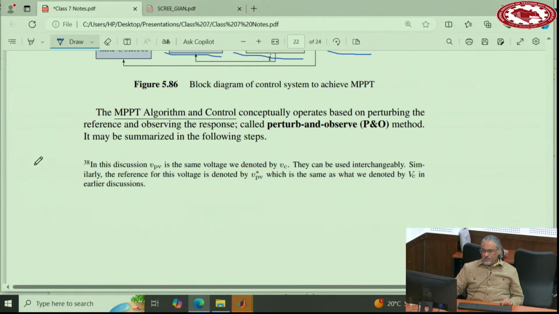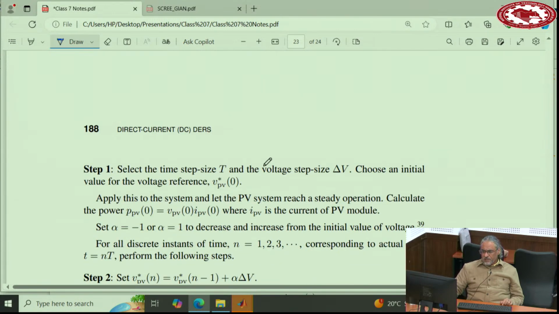So how it basically works, perturb and observe is really the common way. It says basically if I'm on the right side of the maximum power point voltage, if I increase the voltage, the power goes down, and if I decrease the voltage, the power goes up. So I look at the trend of these things.